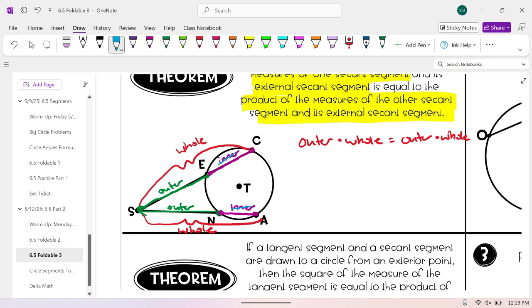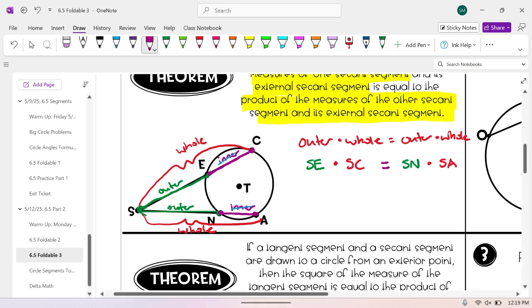Now, that being said, that means that if I multiply our outer SE and SN times the wholes, which is SC and SA, they would be equal to each other. All right. That's what it's saying.